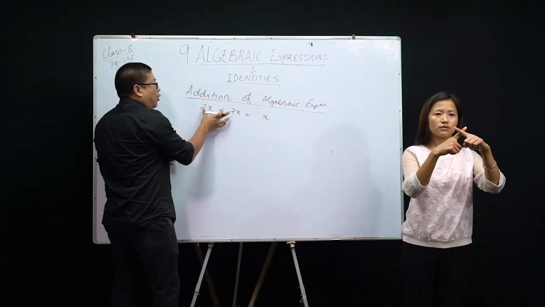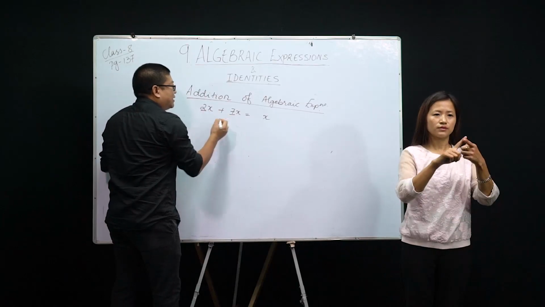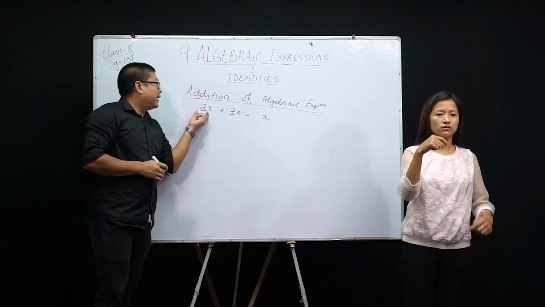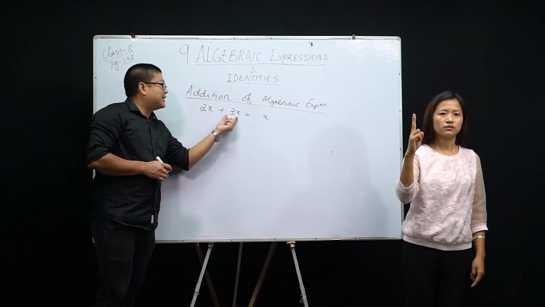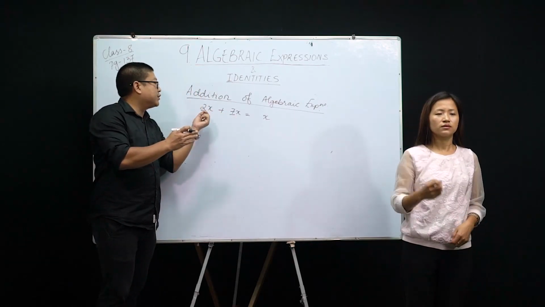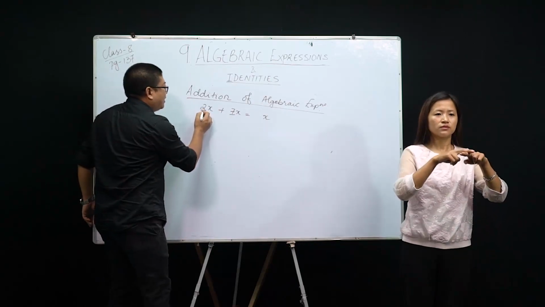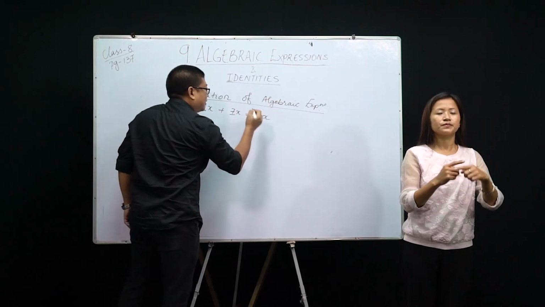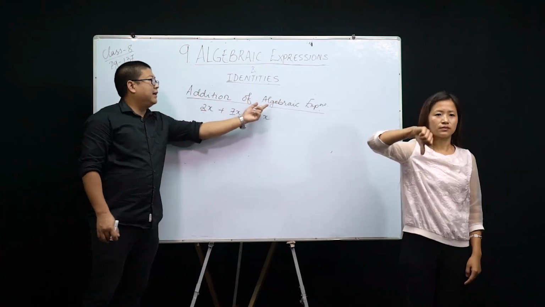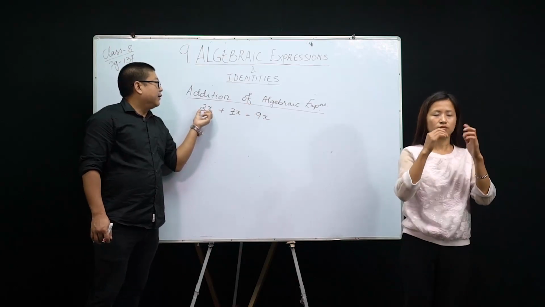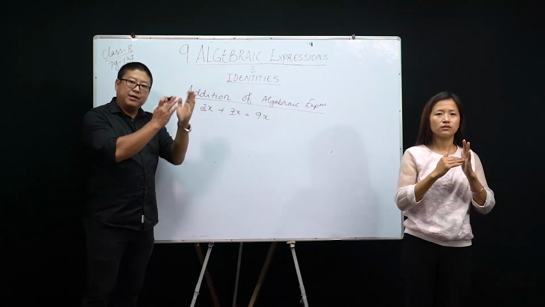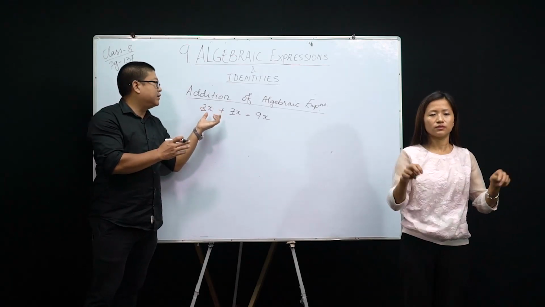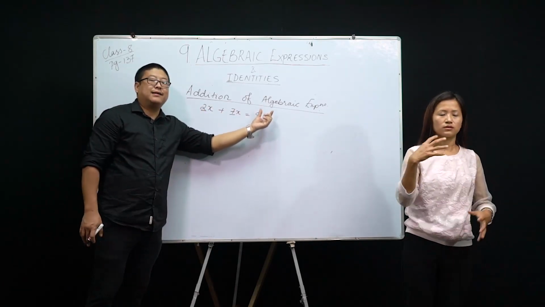Now if you look at the coefficients, we have already learned that these numbers are coefficients of x. 2 and 7 are the coefficients of x, so you simply have to add them. 2 plus 7 is 9. So when you add algebraic expressions, you add the coefficients, and the like variable is kept common.